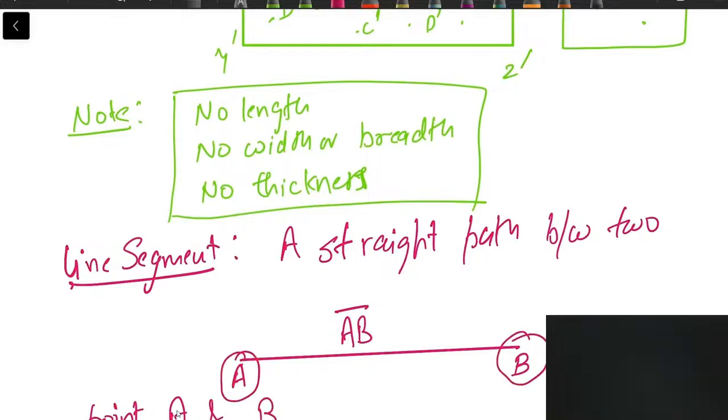A and B is the line segment. How will we represent the line segment? AB, and after that we put a bar over it. So A and B will have some fixed distance, so it will have a definite length.